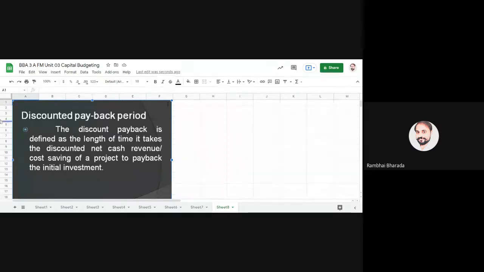वापस से एक बार पूरा कंसेप्ट क्लियर कर देता हूँ प्रेजेंट वैल्यू का, तभी आपको डिस्काउंटेड पेबैक पीरियड समझ में आएगा.